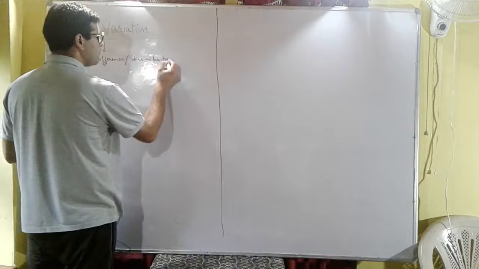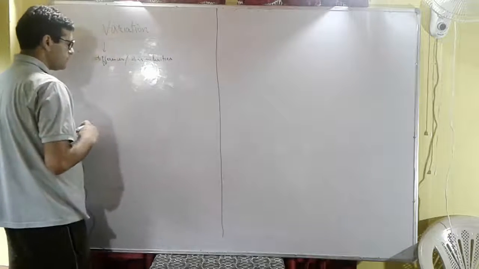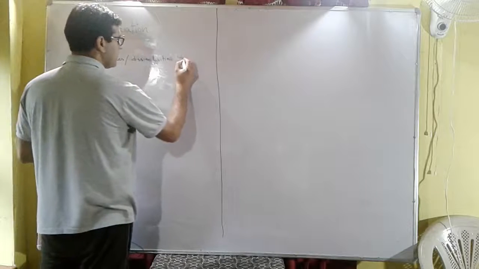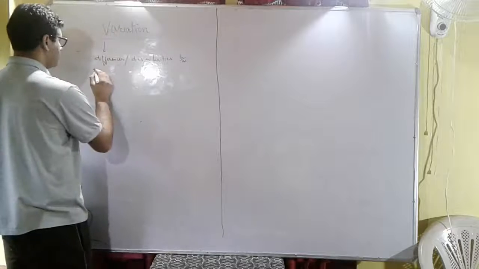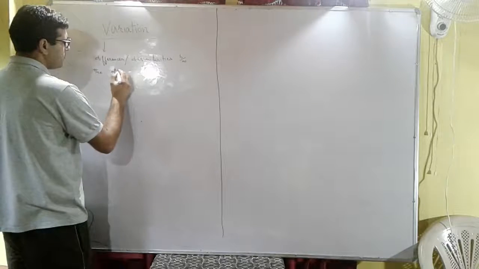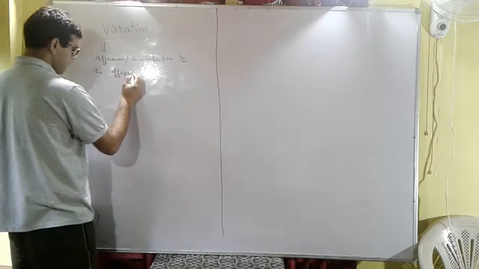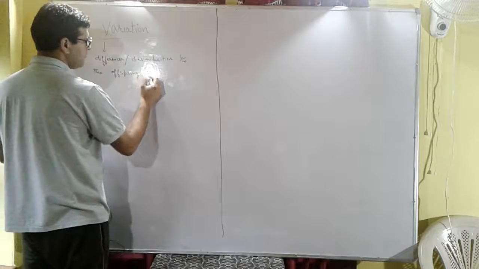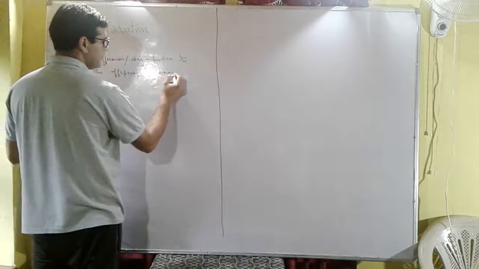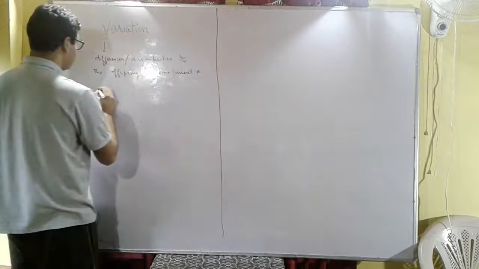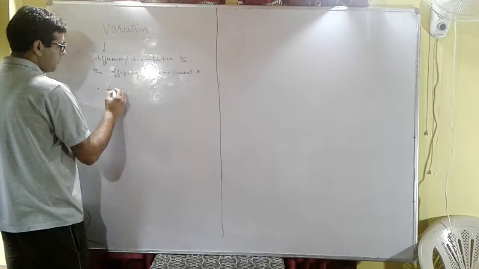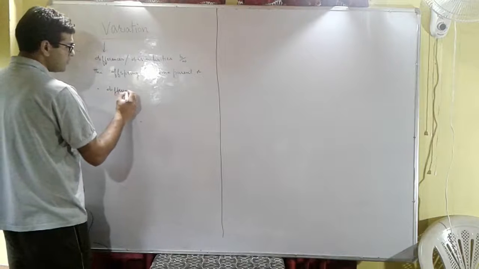These are differences or dissimilarities between the offsprings of the same parent, or these are differences amongst the individuals of the same species.